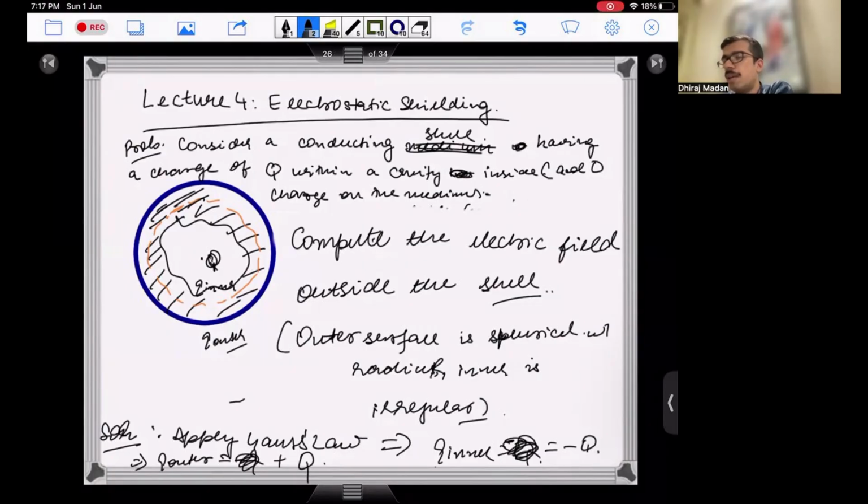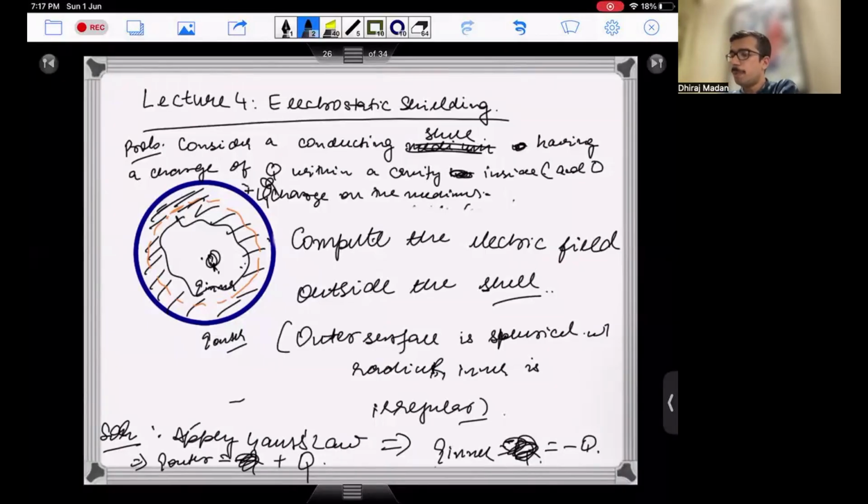We want to compute the electric field in the region outside the shell. In order to do that, we can just ignore everything which is within the conducting surface, and we only need to compute the total charge. We first compute the total charge using Gauss's law. Point charge Q is inside, minus Q is induced on the inner surface, plus Q is induced on the outer surface.